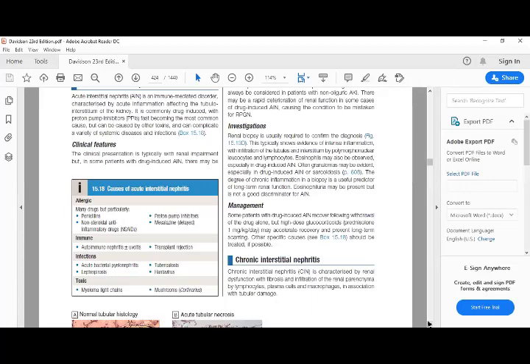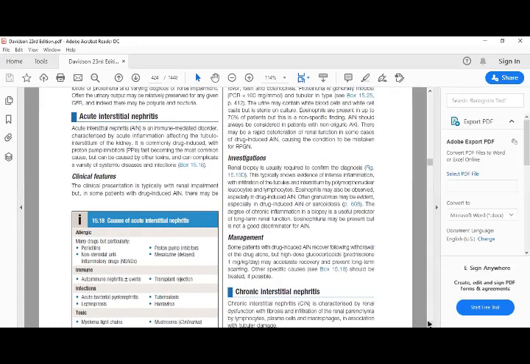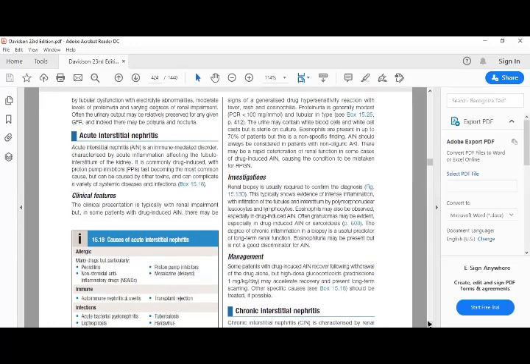nephritis. The clinical presentation is typically with renal impairment, but in some patients with drug-induced acute interstitial nephritis, there are signs of a generalized drug hypersensitivity reaction with fever, rash, and eosinophilia. Proteinuria is generally modest. PCR is less than 100 milligram per millimole, and tubular in type.